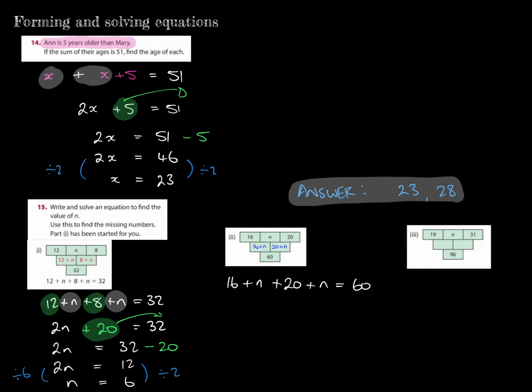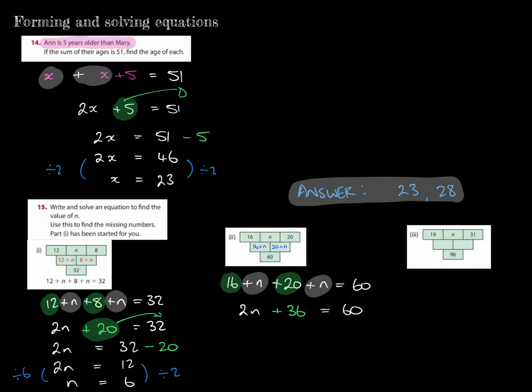Again, tidy it up, put your n's together, and you'll get two n's. Put your numbers together, and you'll get 16 plus 20, which will give you plus 36, is equal to 60.